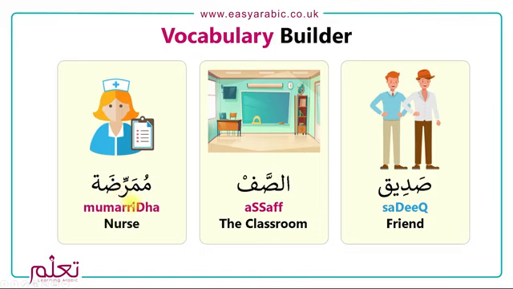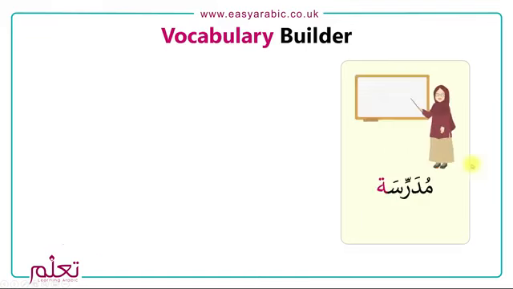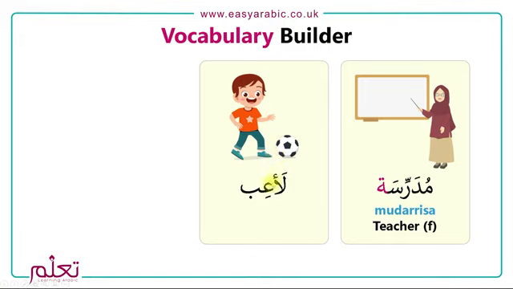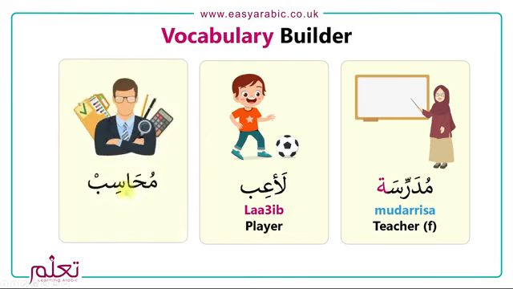Then we have a teacher, which is mudarrisa. If it was masculine, instead of a female teacher, it would be mudarris. Then we have la'ib, which is a player. Then we have muhasib, which is an accountant. Muhasib. Okay, mudarrisa, la'ib, muhasib.